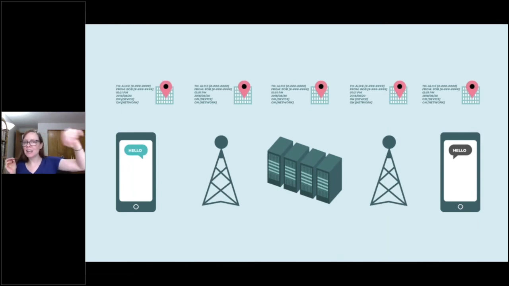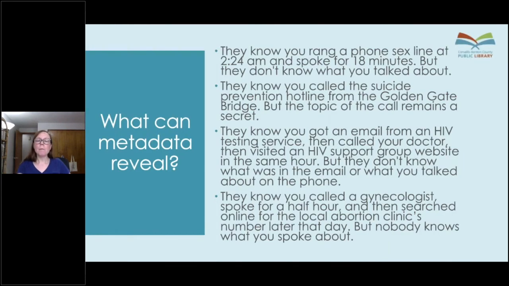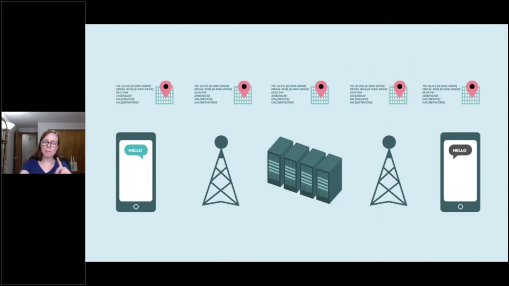So it's going to hit a lot of different places, in a lot of different locations, and it's going to do that in seconds, which is so crazy. It ends up with Christy, and this all happens instantaneously, so we often don't think about it. But if we think about it, there's a lot that metadata can reveal.